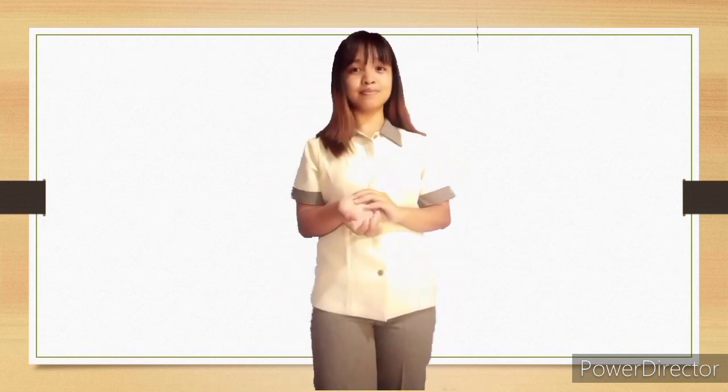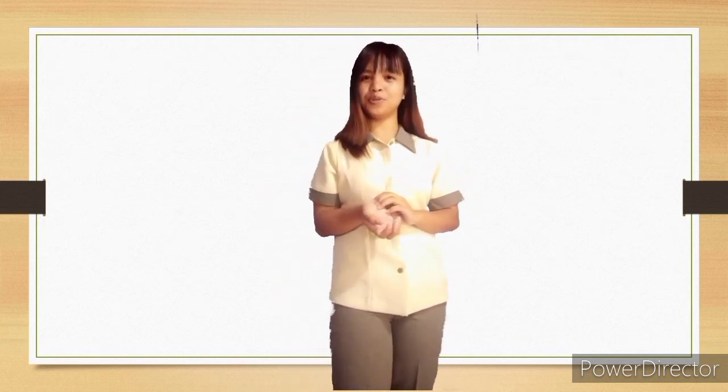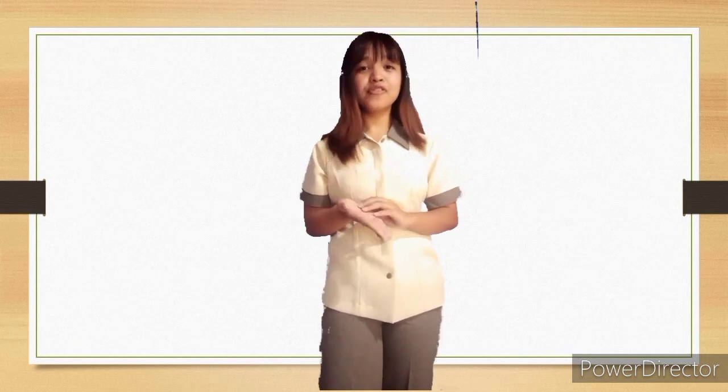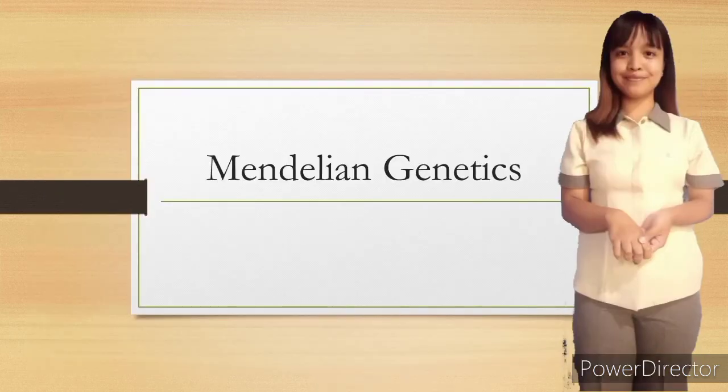Miss Laksan? Okay, how about you, Mr. Arsley? Okay. So always remember that every individual is unique because everyone has a unique set of traits. So those traits that we inherit from our parents are called inherited traits.